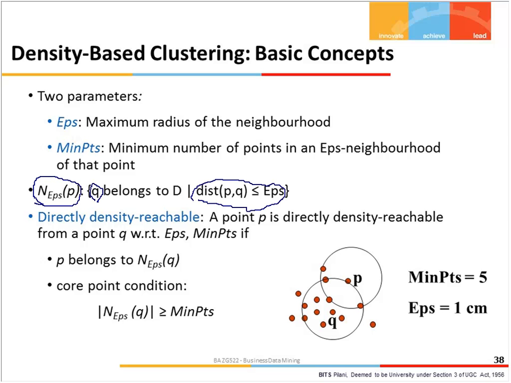So we say a point P is directly density reachable from a point Q if P belongs to the epsilon neighborhood of Q. We consider a point as a core point if it has a minimum number of points within its epsilon neighborhood. So we can see that minimum points is 5. Q is a core point because there are 5 points within its neighborhood. But P is not a core point because it doesn't have 5 points within its neighborhood.